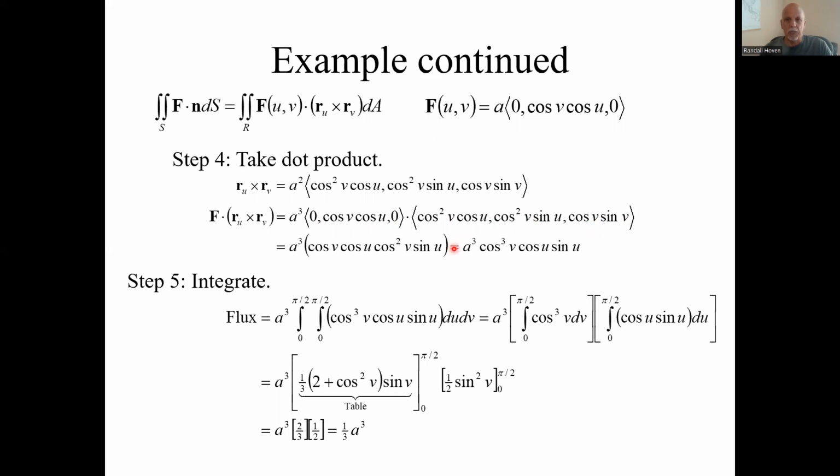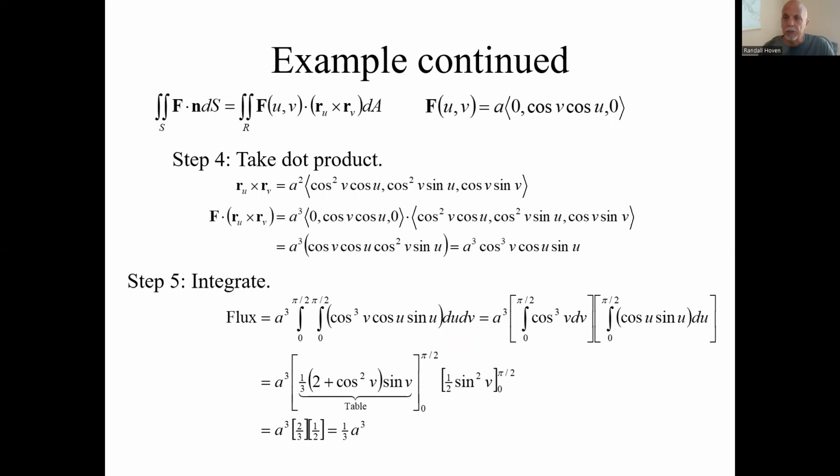It simplifies a bit, and here's what we get. Finally, we have something we can integrate. All we need to do is integrate this stuff. And now we have the dot product. It is this. And dA was just du dv. And they both go from 0 to pi over 2. Here is the double integral we need to take.